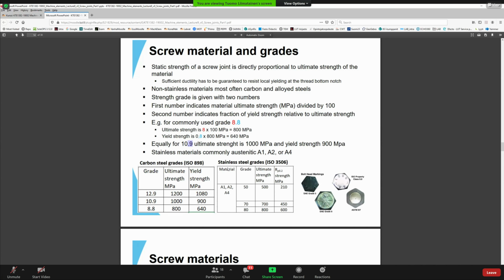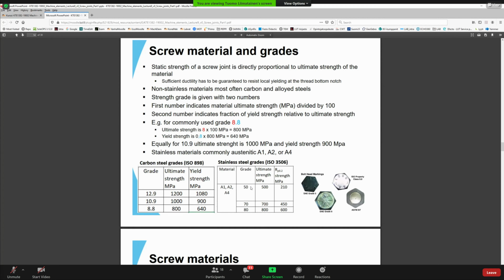But this designation system doesn't apply to stainless materials. They have their own designations. There are different grades of stainless: A1, A2, or A4. And the number after the A specifies the ultimate strength and the yield strength of the material.